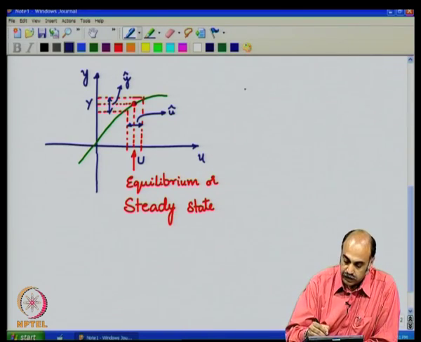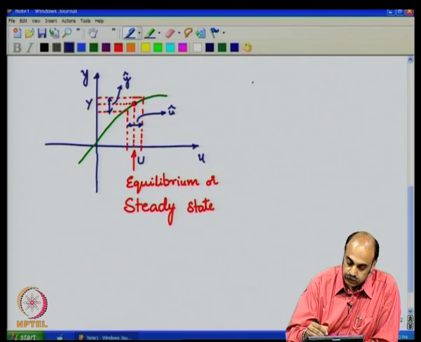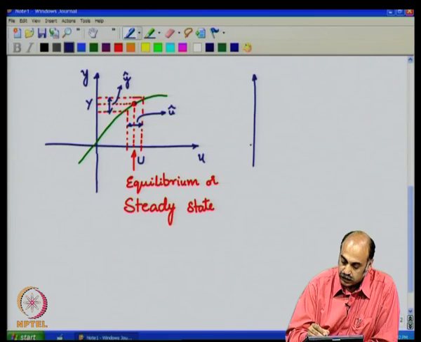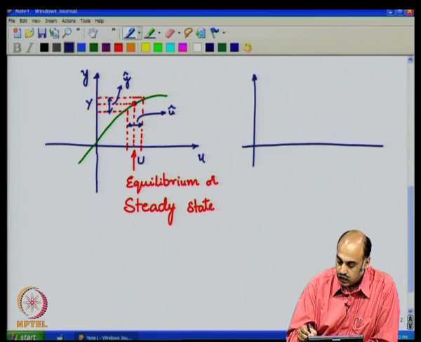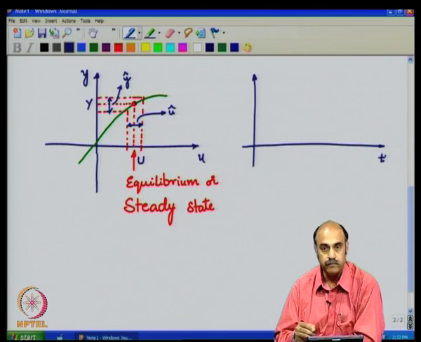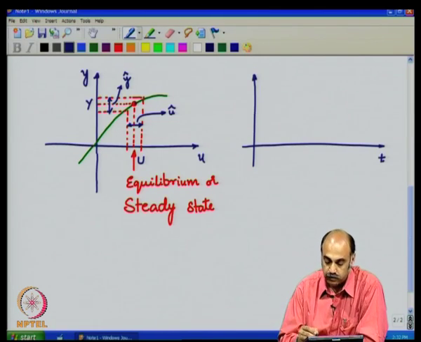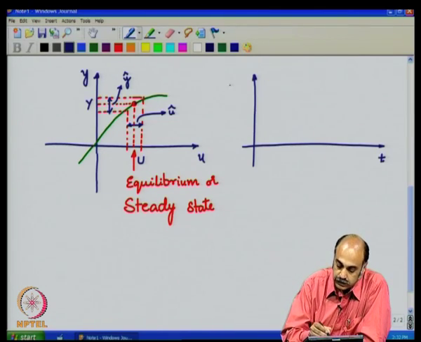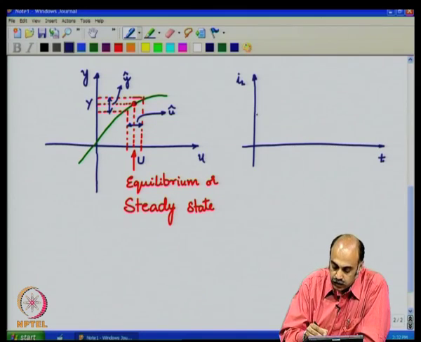So, equivalently, if you look at any typical inductor current waveform in a buck converter, or the DC-DC converter that we saw, the time domain evolution of the inductor current IL would appear something like this.